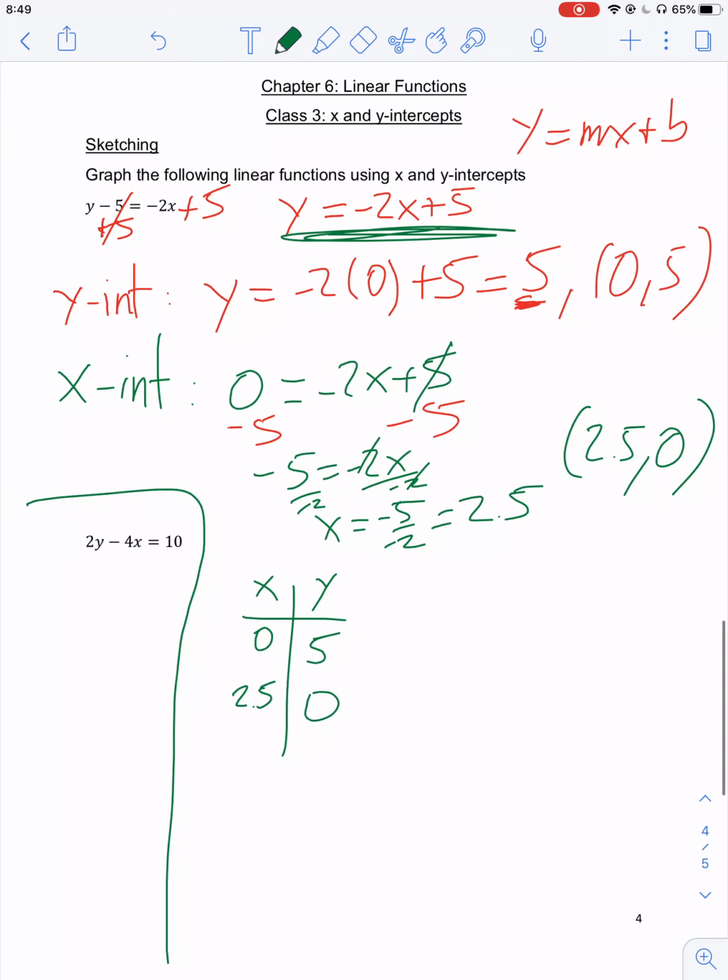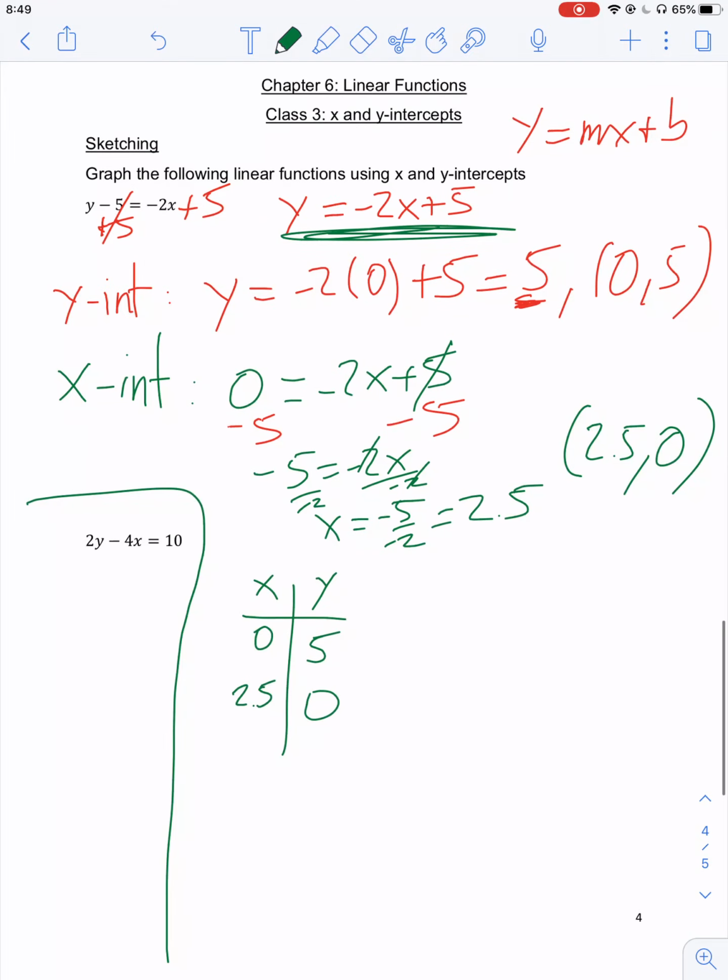The best way to graph would be to increase your x values by 1. So let's do that. Let's increase our x value by 1 because my denominator is 1, right? So it makes more sense to increase the x value by 1.